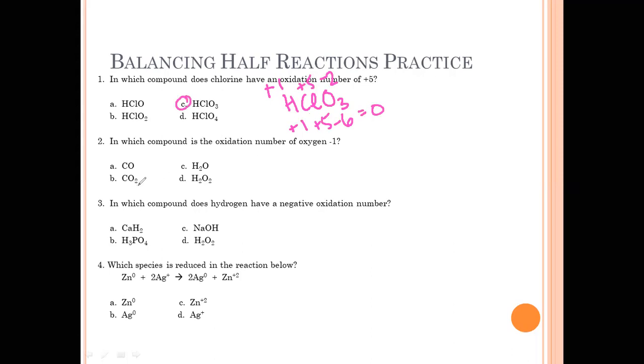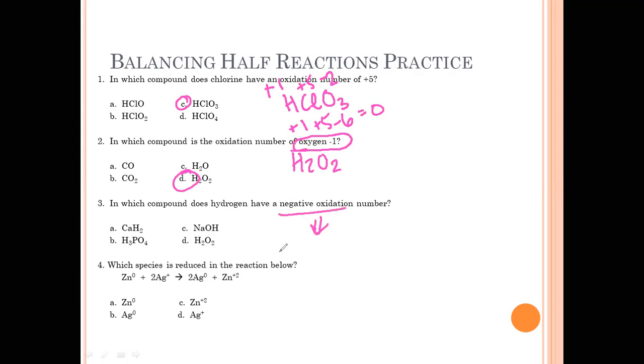Okay, number 2. In which compound does oxygen have an oxidation number of -1? This is always H2O2. It's the exception for oxygen, so that's just one to know. In which compound does hydrogen have a negative oxidation number?